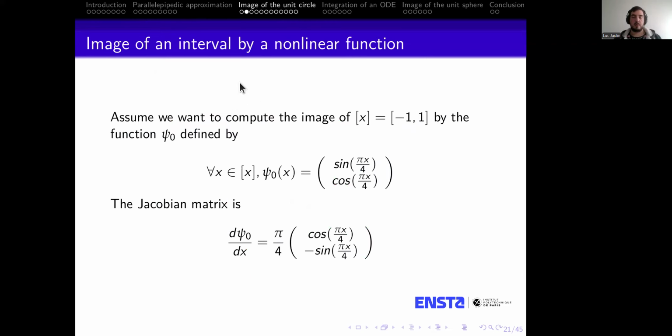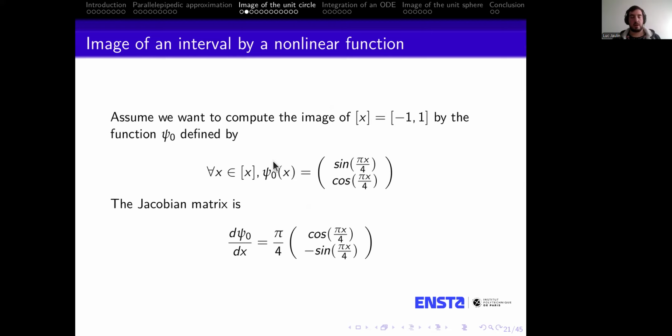With our parallelepipedic inclusion, we can compute the image of an interval by a nonlinear function. Here I take the interval -1, 1, and the function c0, which corresponds to a quarter of the unit circle.